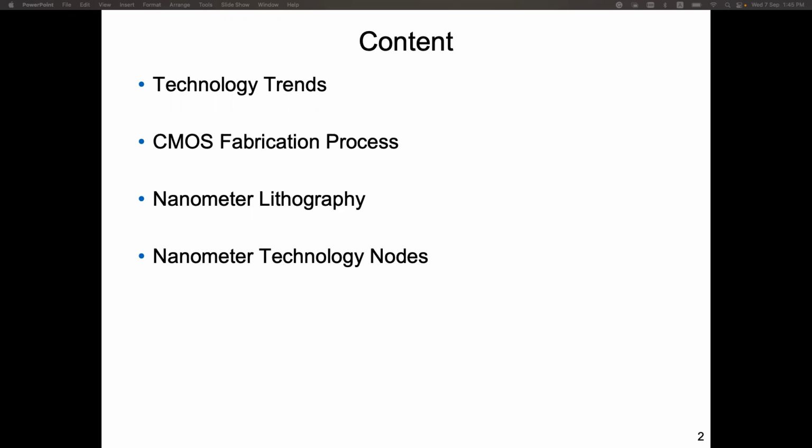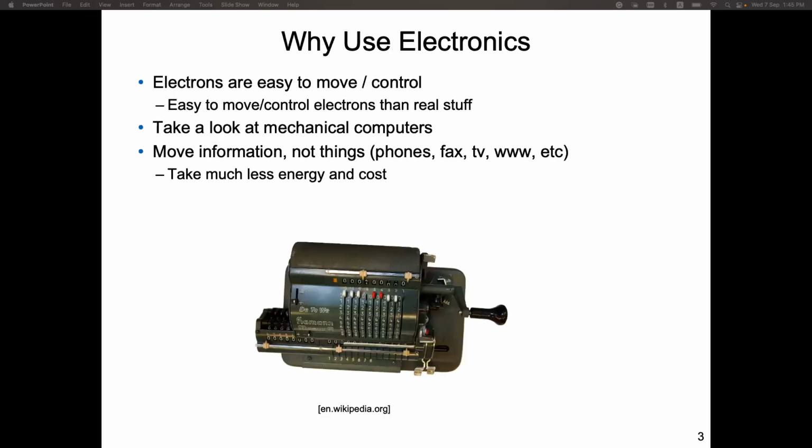So before talking about the current technology change, let's take a look at the past history of digital techniques. In the past, digital calculation could be carried out mechanically, not through electronic means. For example, this is a mechanical calculator. It's bulky, heavy, and slow. So why use electronics?